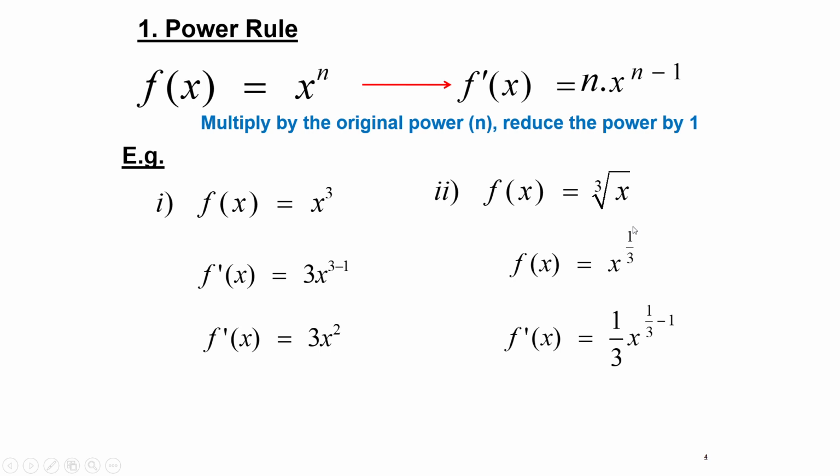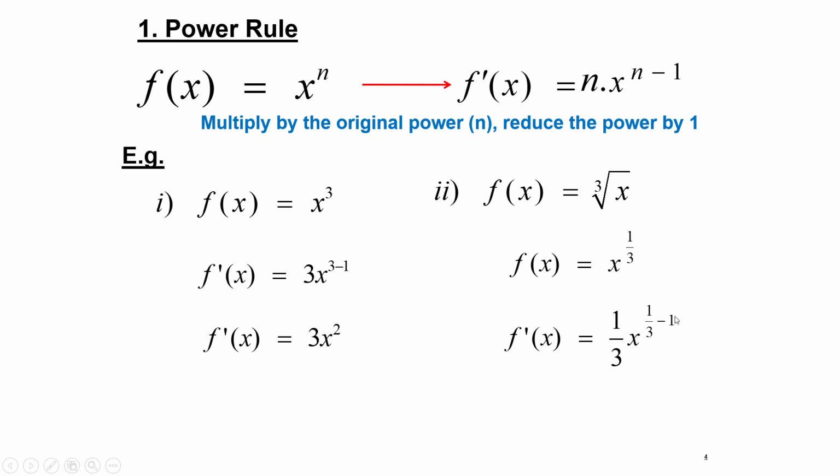Now what will happen, this power is going to come in front, just like our rule. So we can see 1/3 comes in front, meaning it gets multiplied. So 1/3 gets multiplied to x, and this 1/3 is reduced by 1. So 1/3 minus 1.